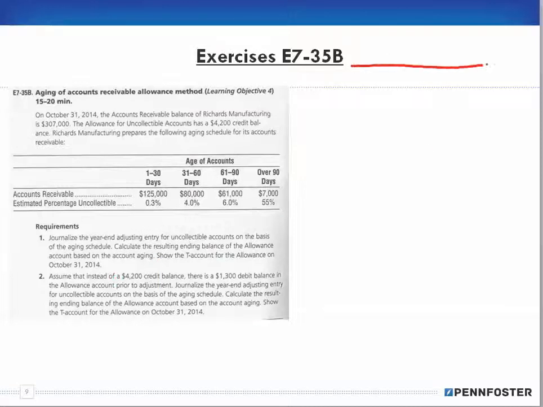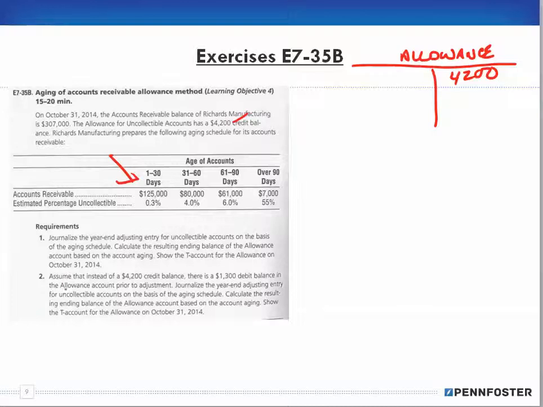So let me create the T account, and so this is allowance. I'm not writing it out. Right, and so it says here we have a beginning balance of 4,200. And we need to make the adjusting entry based upon the aging here, and then show what the balance is.